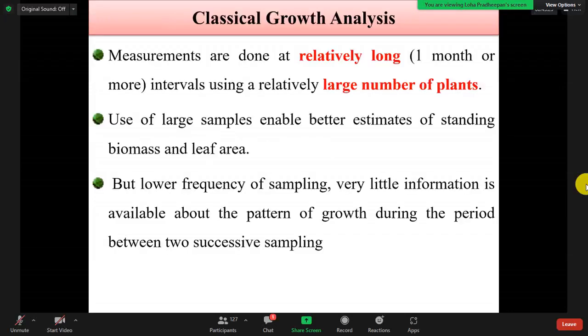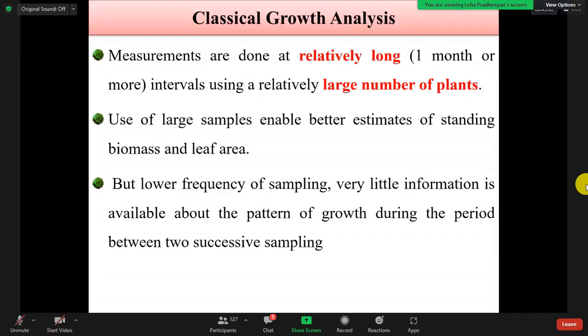So in the classical approach, the measurements are taken at relatively large intervals, nearly 1 month or more than a month. And at that time we have to take a large number of samples. So the frequency is less.